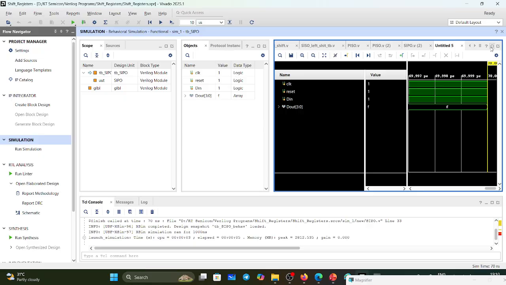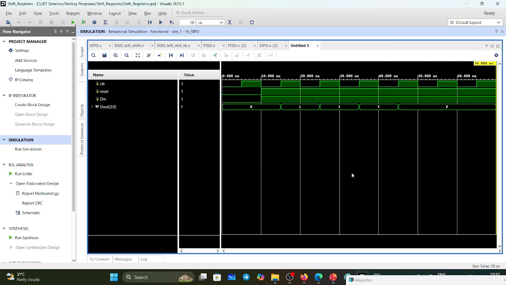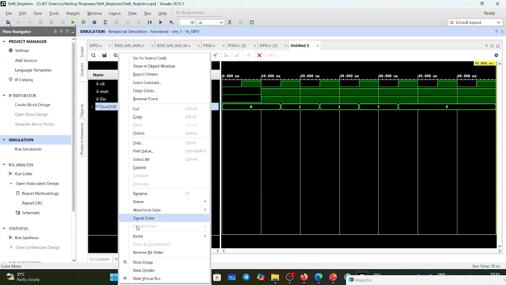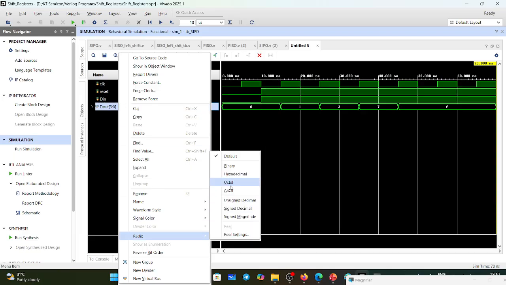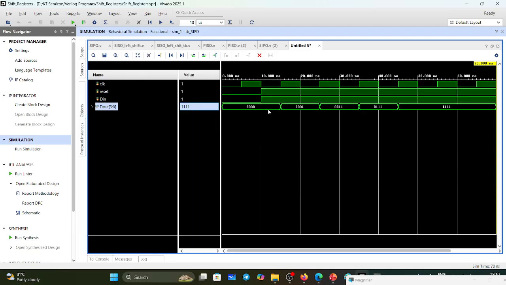So see in the fit to page, see here, now it is clear. So right click, radix, I want to see in binary. Okay, first shift means loading the data serially. Okay, first 0001, 0011, 0111. So after this 1111 is loaded, and at the next clock pulse what happens, it is taking out the data.